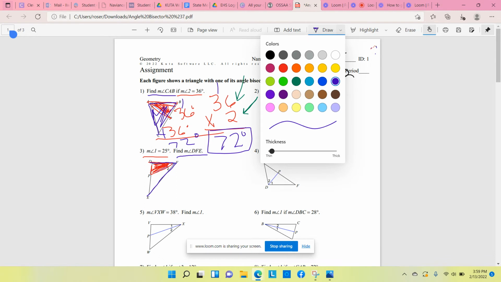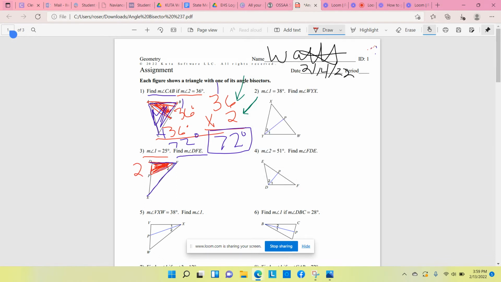So if angle 1 as given to us is 25 degrees, what's angle 2? 25 degrees. I'm going to try and get away from that adding stuff, okay? So how many 25s are right there? 2. So 25 2 times is going to give us our whole angle that has those 2 angles inside of it, right? The whole thing, 25 times 2.